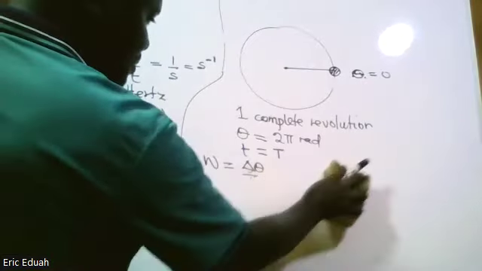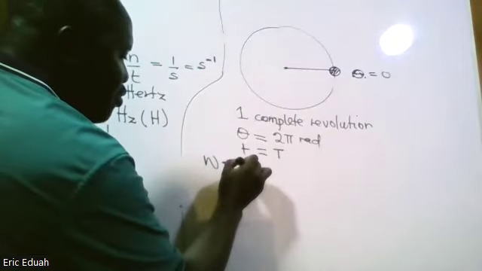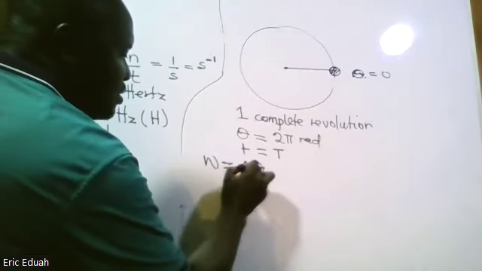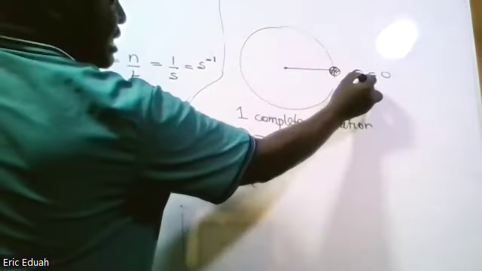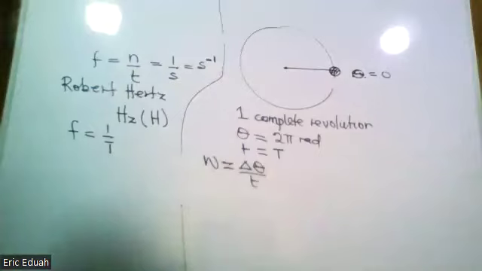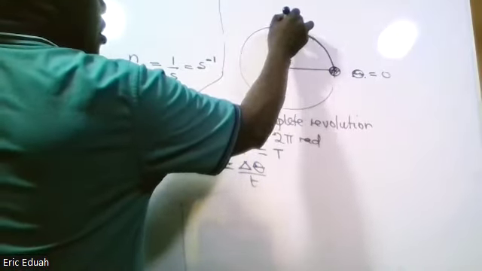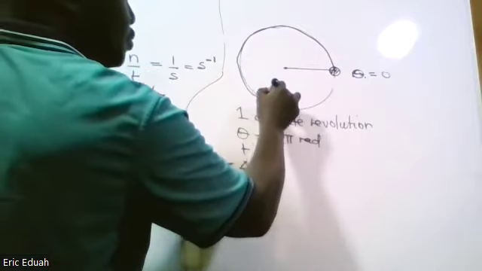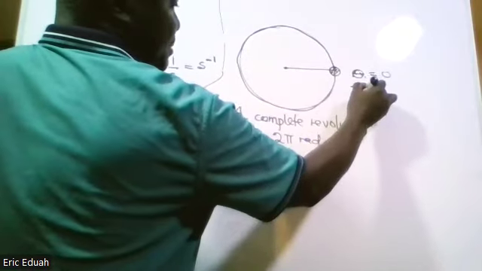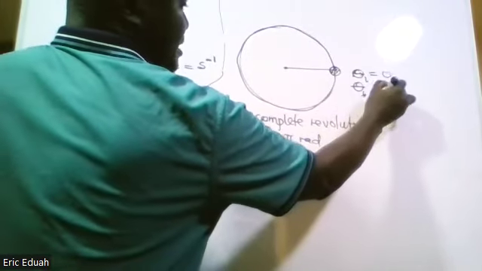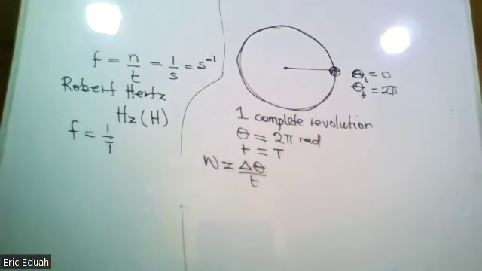Omega is the rate of change of angular displacement with time. When it begins to move, goes and comes back, its final angular displacement is 2 pi radians, also 360 degrees.